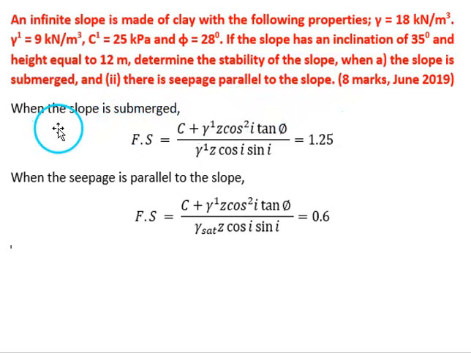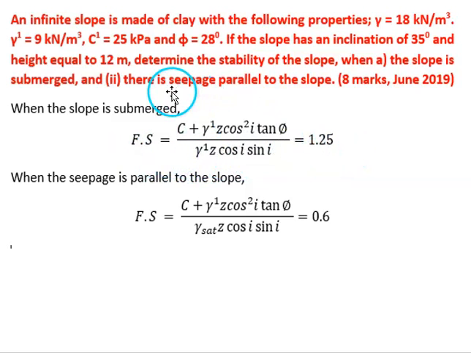When the slope is submerged, we should take the submerged unit weight in both numerator and denominator. Because it is an infinite slope, we take the infinite slope equation for factor of safety, and because it is a c-phi soil, we take both c and phi into the equation, so that we can estimate the factor of safety.